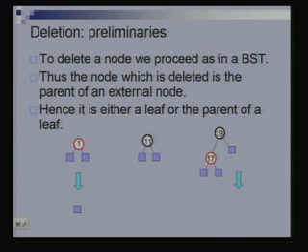If the node is an internal node, then you find its successor or predecessor, you swap, and then you delete the successor or predecessor. Suppose we were talking of successor. The successor is a node which does not have a right child, so its right child is an external node. We put an external node there.